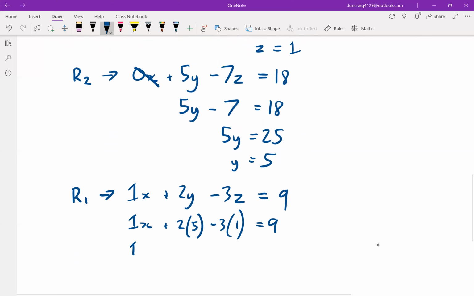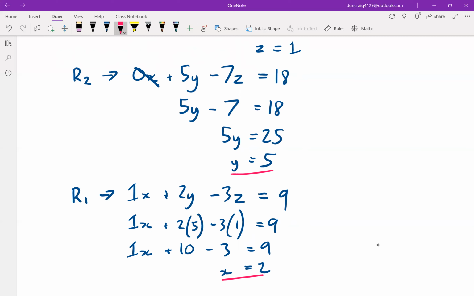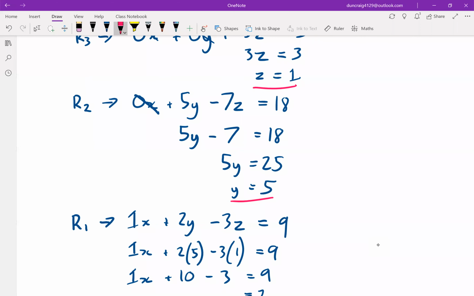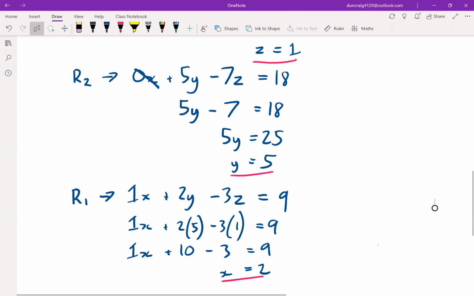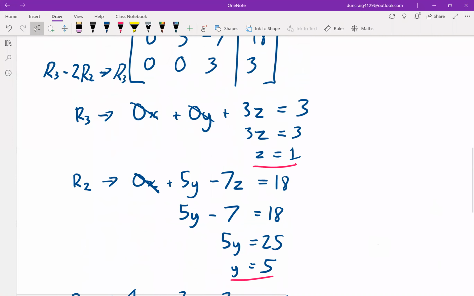So that means 1x plus 10 take 3 is equal to 9. So that means x is going to be equal to 12 take 10, which is equal to 2. So we get that one there. So there's our 3 particular values. That's the coordinate where those 3 planes would intersect with one another.